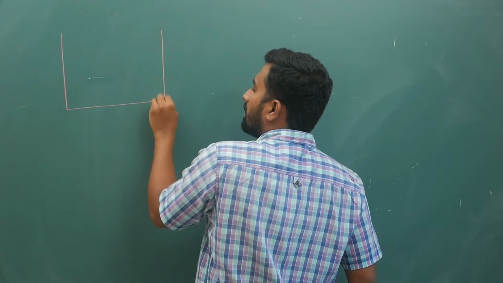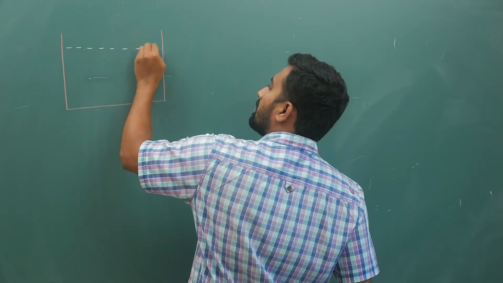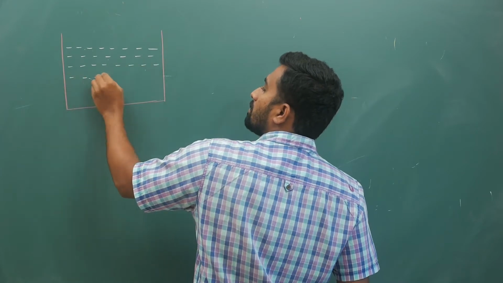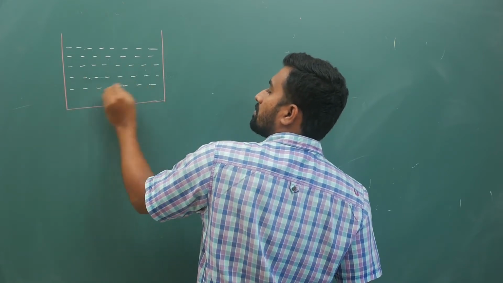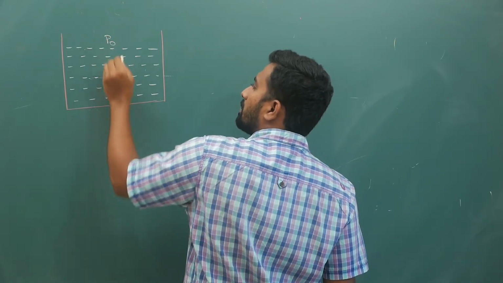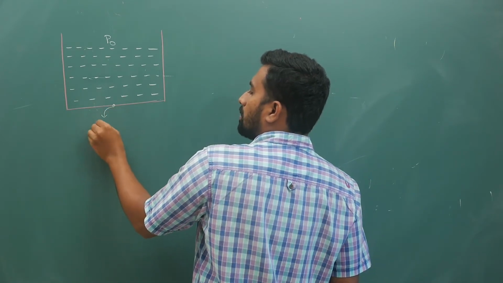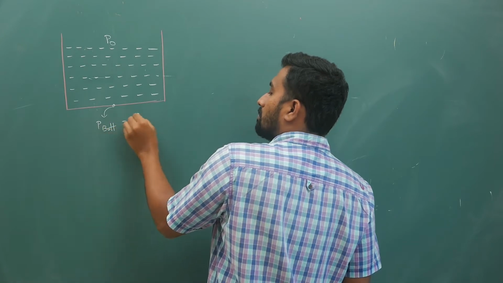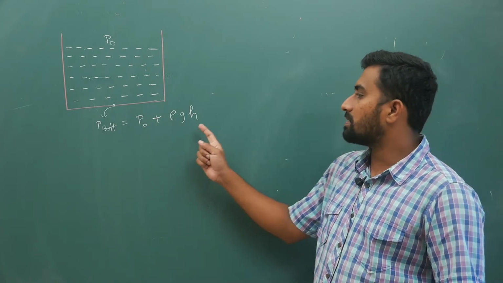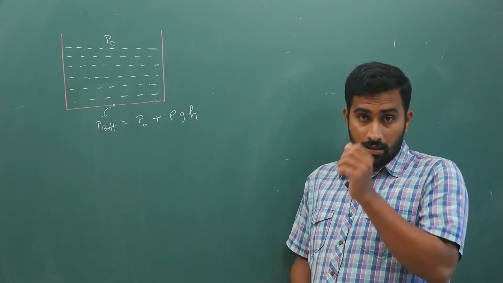If you have a container like this, and within this container there is some liquid, then for this liquid the pressure at the top is P0 because of the atmosphere, and the pressure at the bottom is P0 plus rho G H. Your absolute pressure is gauge pressure plus atmospheric pressure. This is what I explained in the previous class.